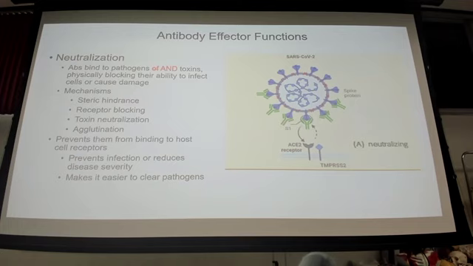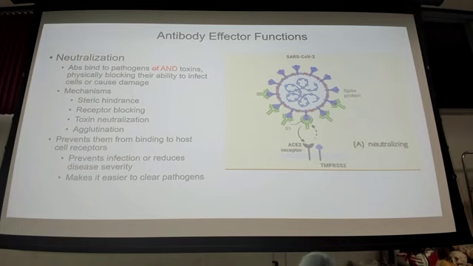They can also do what's called receptor blocking, which is shown in this cartoon here. We've seen this cartoon of SARS-CoV-2 virus particles before. Those spike proteins are glycoproteins on the outside of the virus, and those glycoproteins are responsible for interacting with the cognate receptor on the host cells.